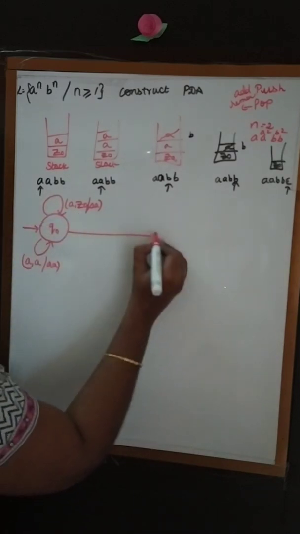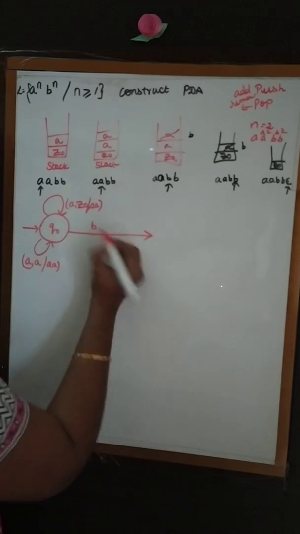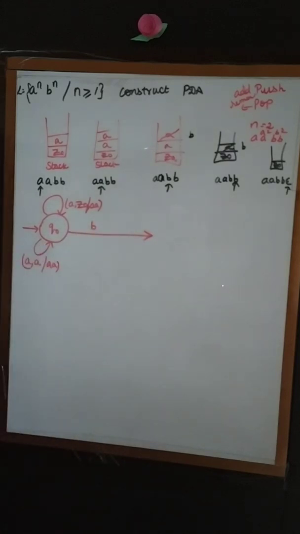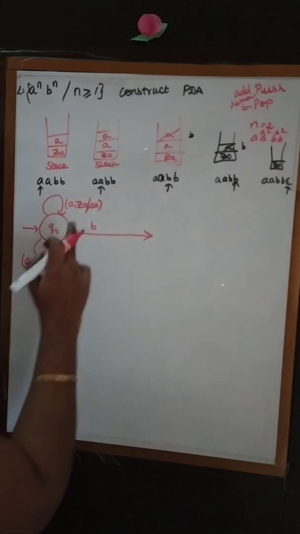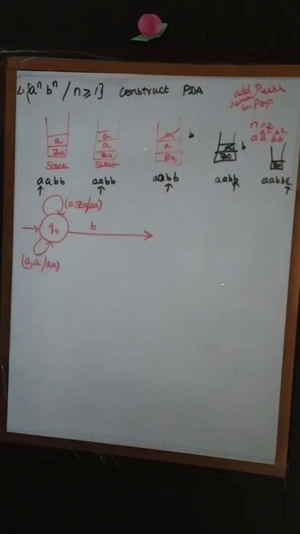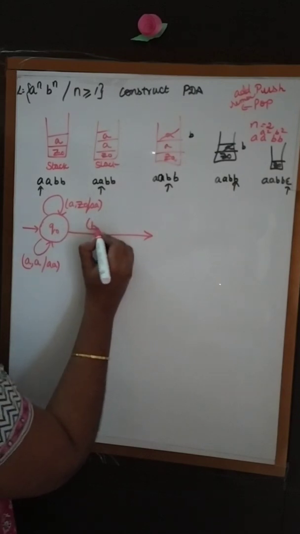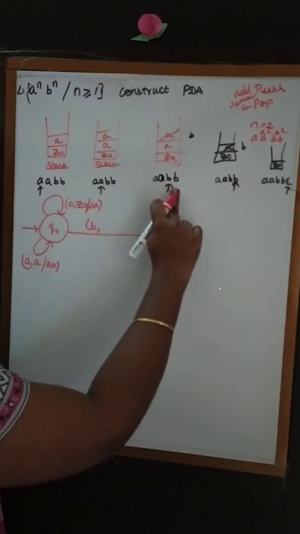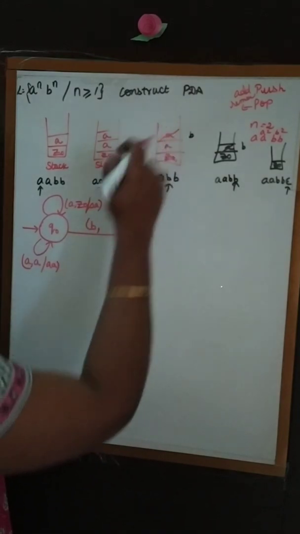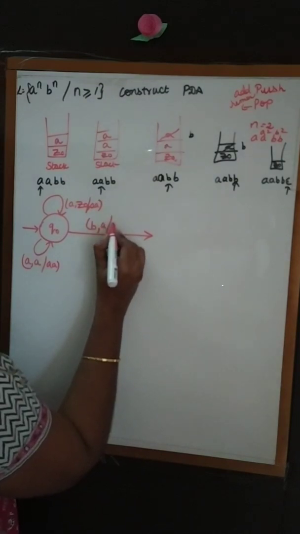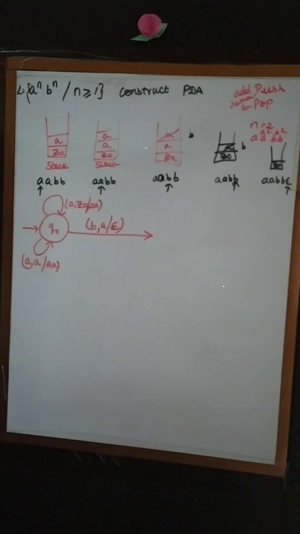Whenever it is going to encounter the input symbol b, after n number of times a is completed, next b will come, right? So whenever I have the input symbol b, and on the top of the stack, if a is there, what I have to do? Popping, right? So popping means you have to write epsilon.